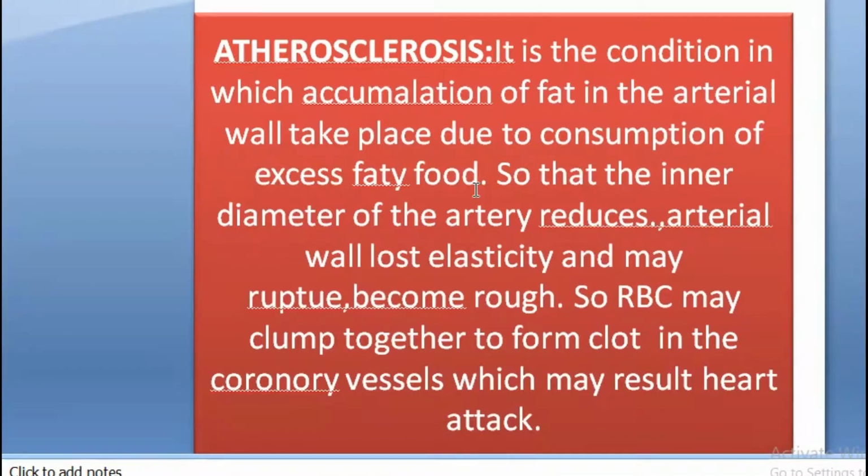What happens? The inner diameter of the artery reduces. The arterial wall loses elasticity, may rupture, and also becomes rough. So RBCs may clump together to form a clot in the coronary vessels. That may result in a heart attack. So fat is a villain if it is excess.